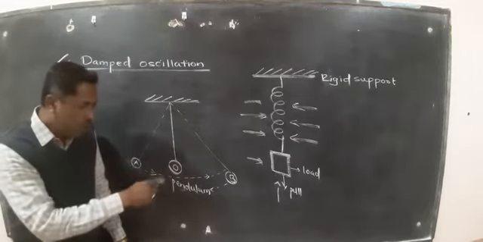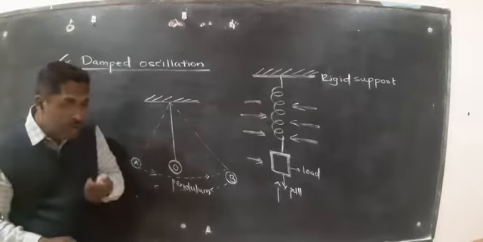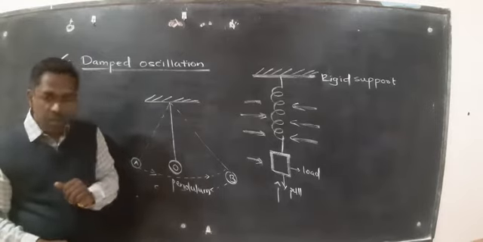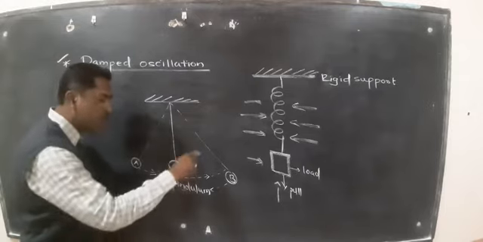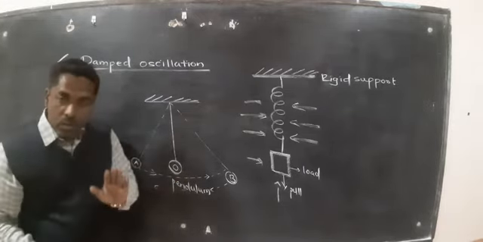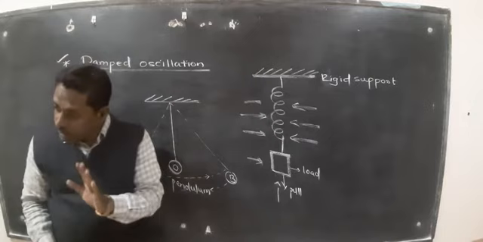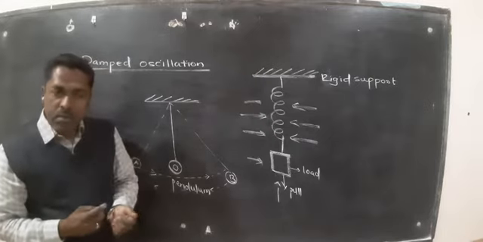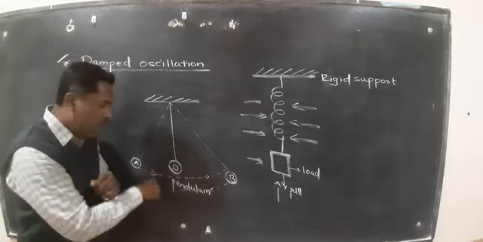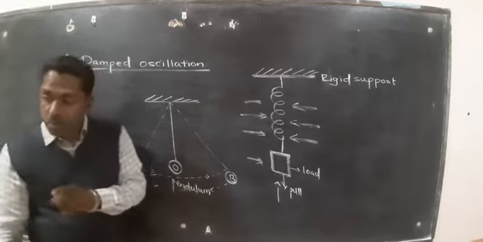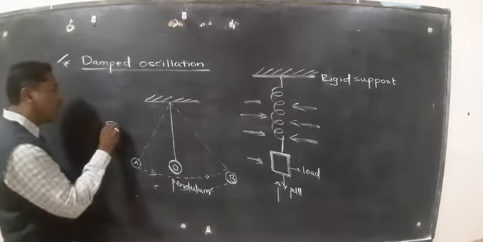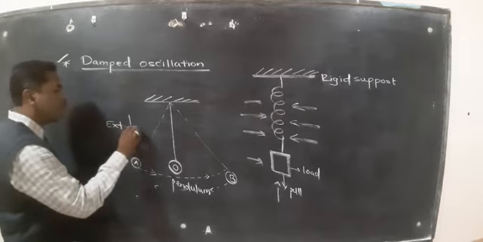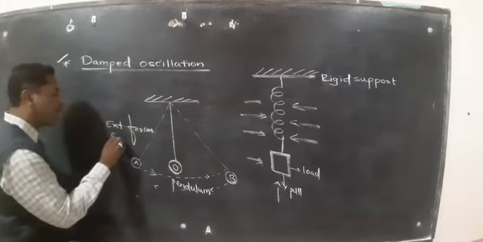When the pendulum moves from A to B, B to A, after a certain time, what is observed? That the amplitude of oscillation of the pendulum slowly decreases with increase of time. Why does it decrease? Because there are some external forces, in brackets air.